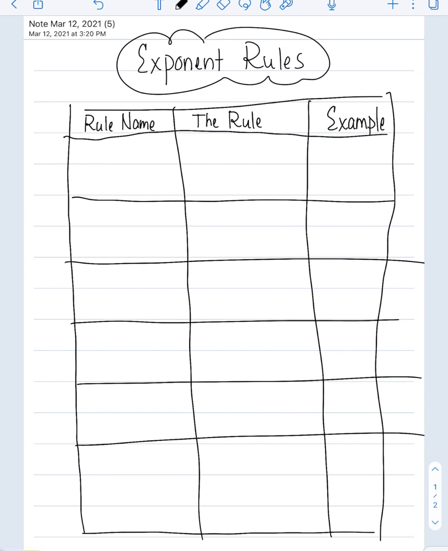All right, so the very first rule that we're going to look at is called the product rule. And so what you'll do is, these work if you have the same bases. Oh, and just really quick, let's say we have x to the 5th power.